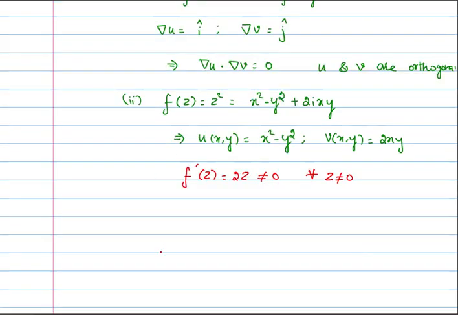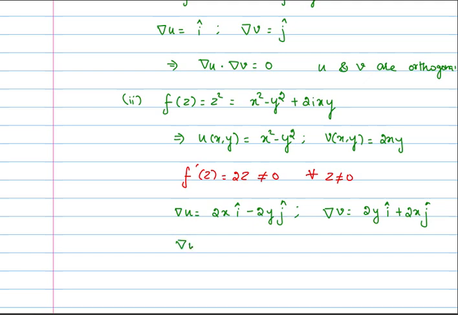Now what will happen? The gradient of u is 2x i hat plus minus 2y j hat. The gradient of v is 2y i hat plus 2x j hat.